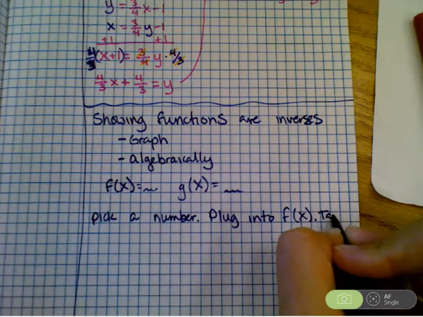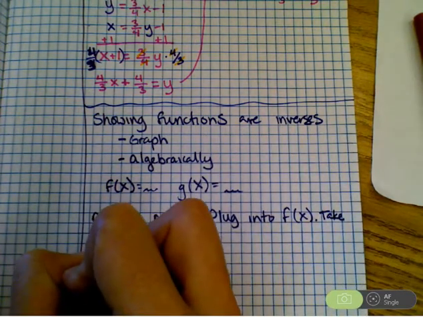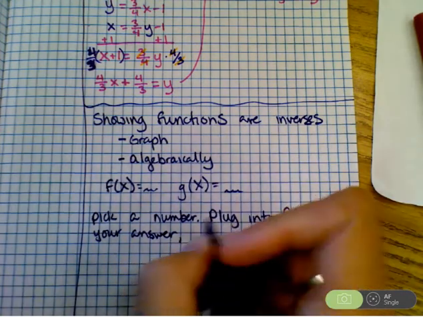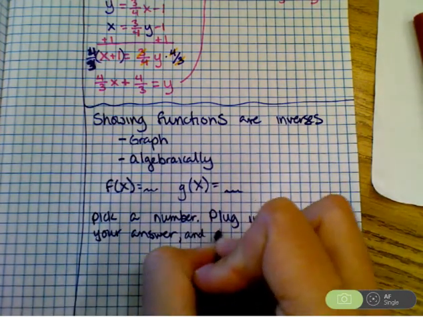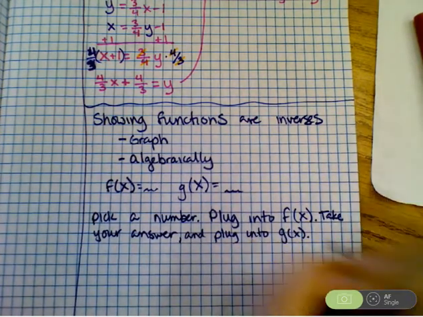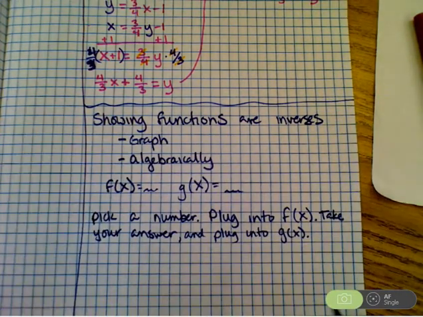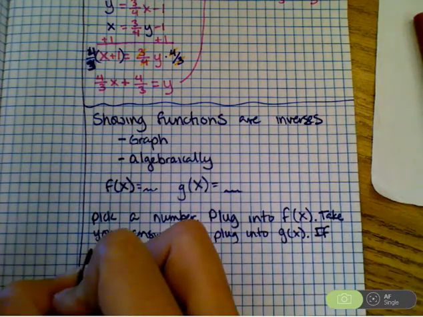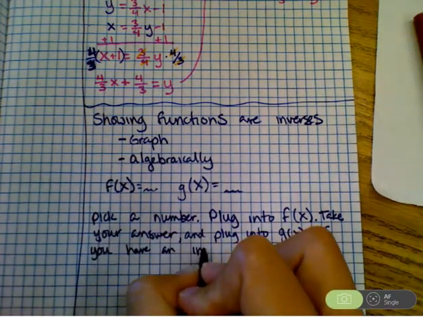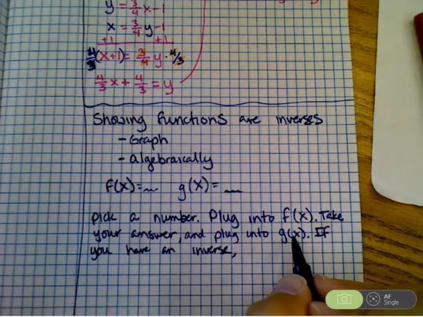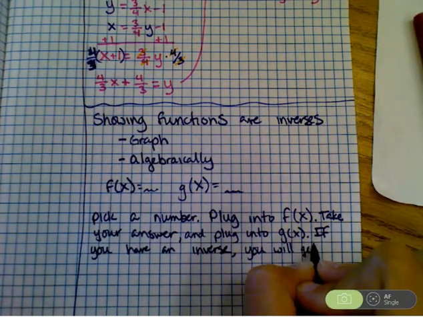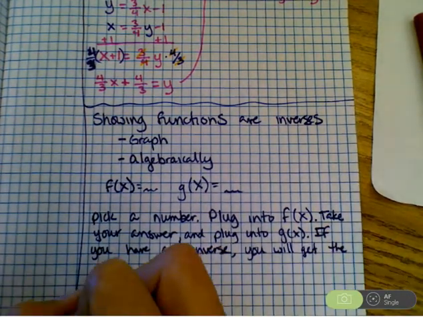You take the answer you get and plug it into g of x. If you have an inverse function, then when you plug into g of x, you will get back the original number.